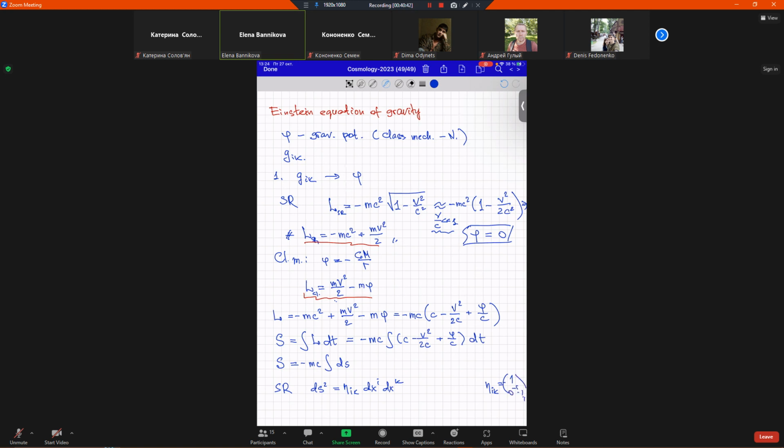And in the general case, I will write the general ds squared, where we have a metric tensor.